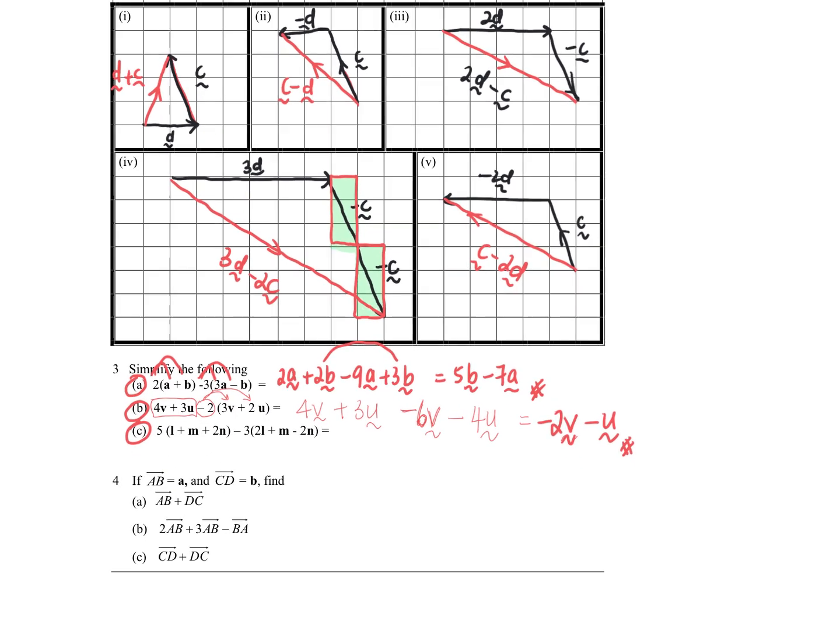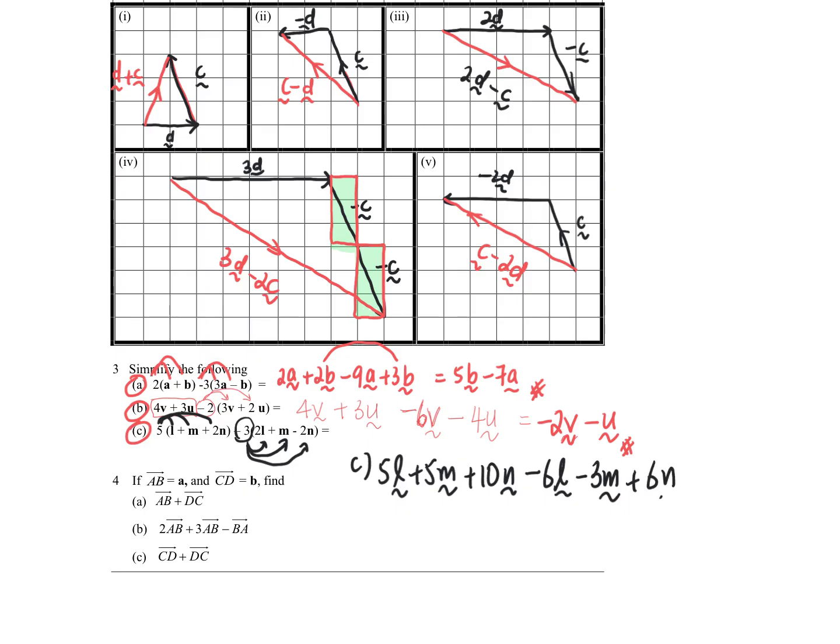Okay, so C, we copy the 5L with the curly tail. Trust me, some of you forget the curly tail or the braces. Okay, this one is 10N. Okay, the negative 3, you apply to all 3 terms here. So you should end up with minus 6L, minus 3M, and plus 6N. So the sign is very important. Make sure y'all don't be careless.